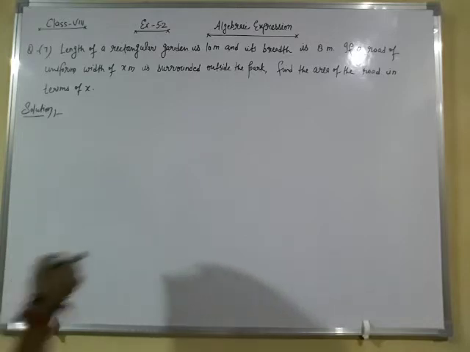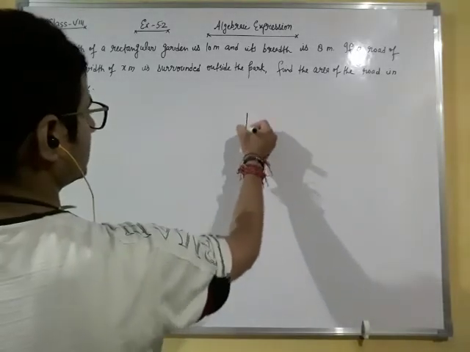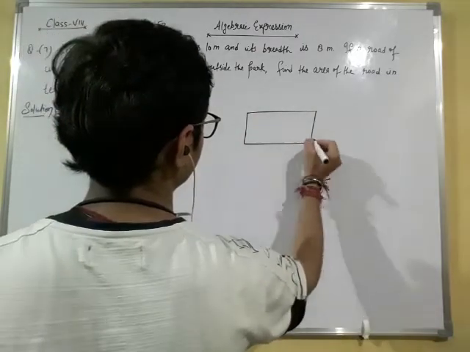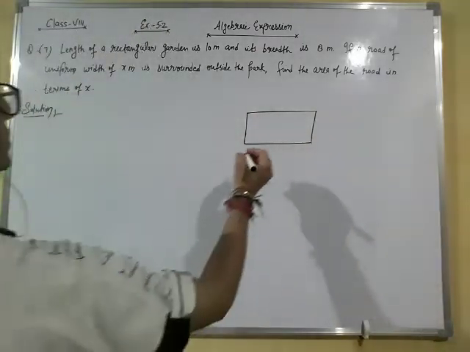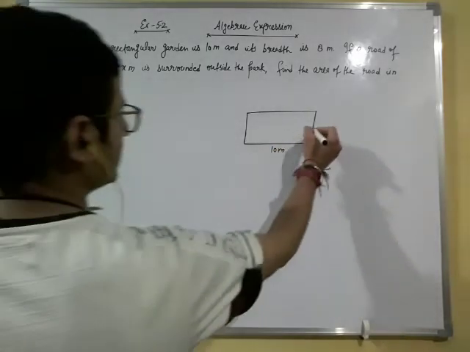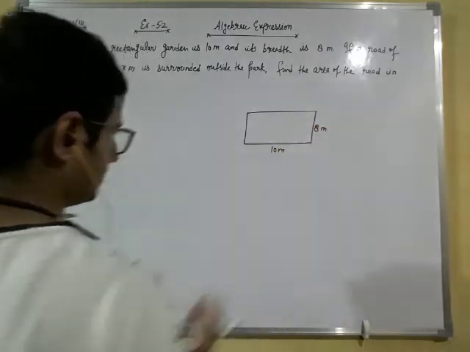Okay, suppose this is a rectangular garden, which is 10 meter in length and 8 meter in breadth.